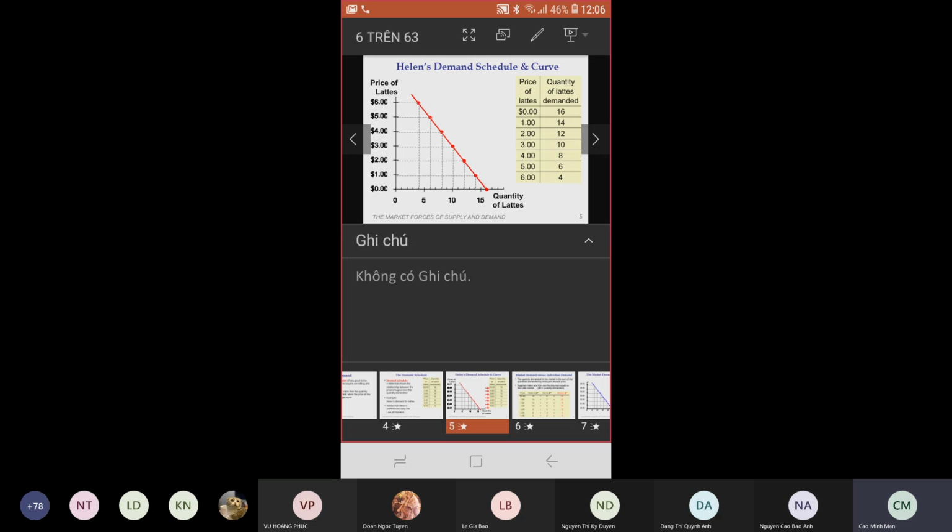The name of this curve is the demand curve. You just showed how the demand curve looks like: a slope downward.